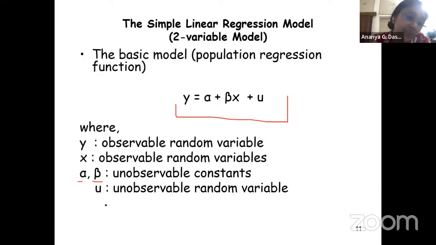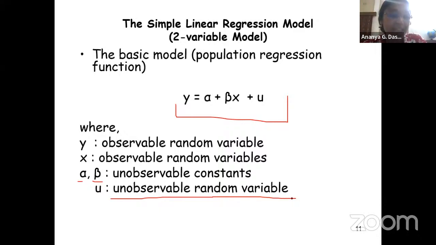And what I would like you to notice, to begin with, is that our model is stating that the relation between Y and X is not an exact relation. There is an inexactness in that relation, right? And that inexactness is captured by this unobservable random variable, which we call the error term.